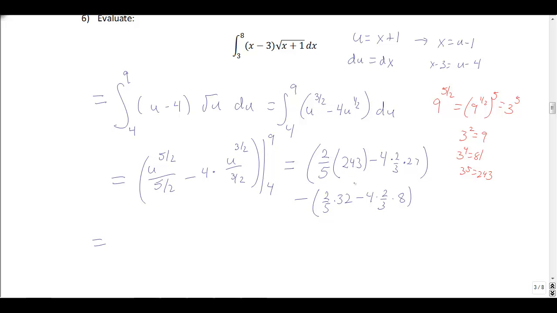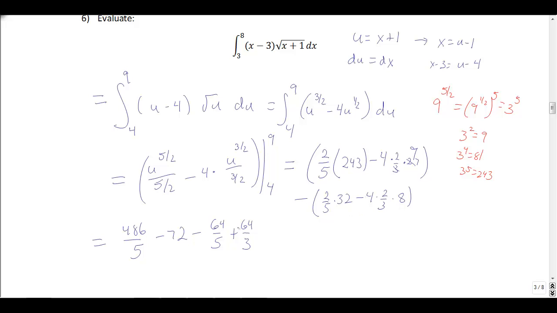Let's see, I'm going to get 486 over 5 minus, the 3 and the 27 cancel for a 9. 4 times 2 is 8, times 9 is 72, minus 64 over 5. And then I have 4 times 2 is 8, times 8 is 64. I'll get a plus 64 over 3. 2 negatives gives me a plus.